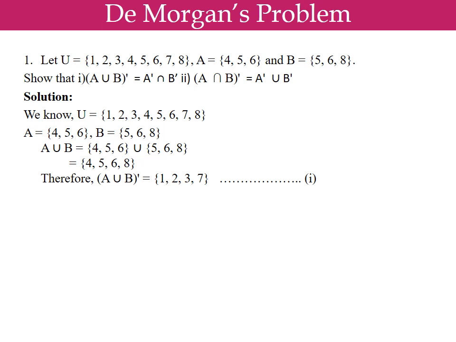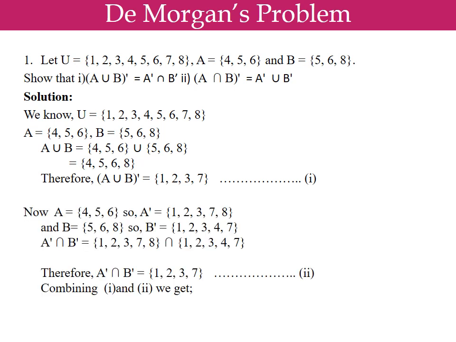For the first proof, we have to find the complement of A union B. First we find A union B by just adding the two sets' elements; if terms are repeated, take them only once. And the complement means you just omit the terms that are available in U. So omitting 4, 5, 6, 8 from U, you get 1, 2, 3, 7.